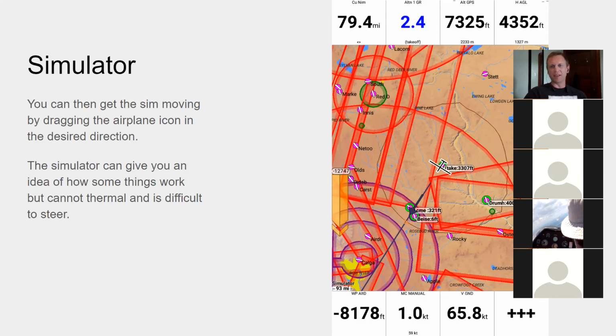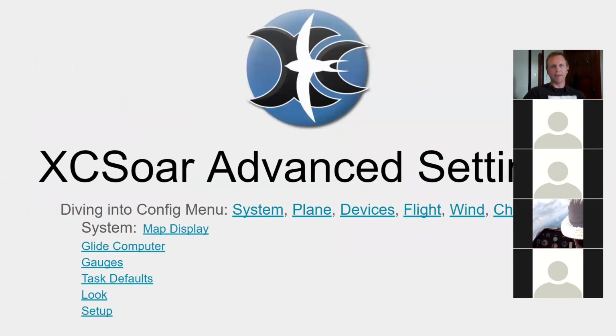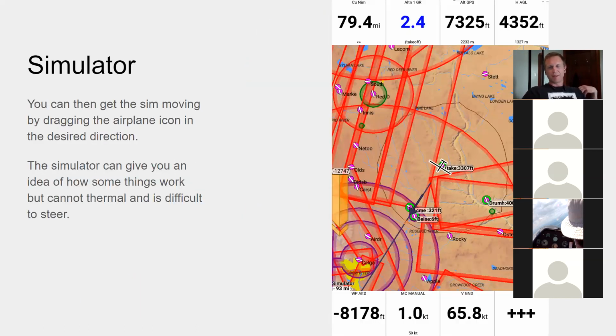You can't thermal in this, so you can't really see the thermal mode, and it's not the easiest to steer, but it's handy just to see how it works. Well, that was the end of the basic use of XCSoar. There's probably a whole bunch more, but I'm trying to get to the important points.